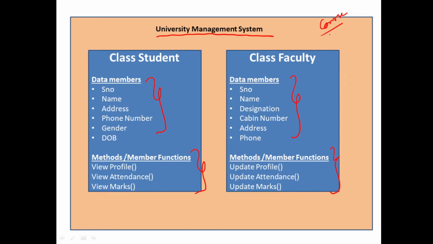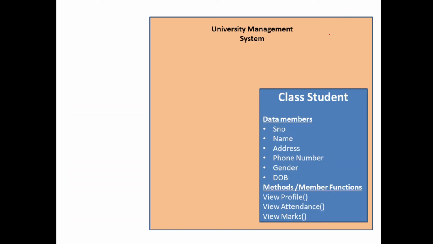So when you're designing an object-oriented programming system, the very first thing is you have to identify the various classes. You have to segregate them. Okay, this is a class, that is a different class. You can't call student and faculty to be one class. So that is the first thing in designing object-oriented programming systems. Identify all the classes.